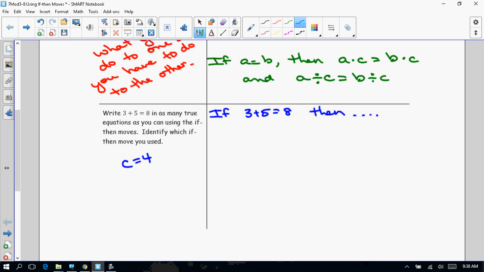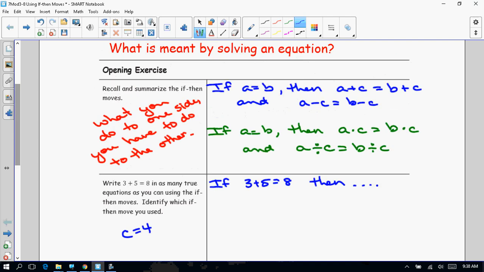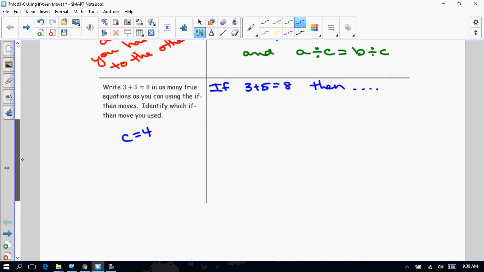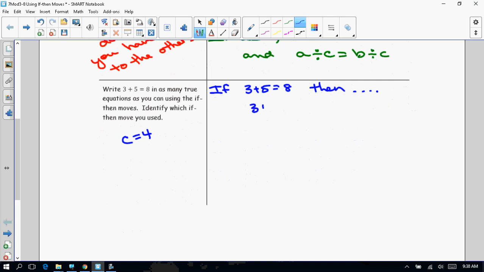Now let's do all 4 of these. There are 4 different things up there in that if-then statement. Then 3 plus 5 plus 4 equals 8 plus 4. If you have a highlighter, now would be a great time to highlight that you're adding that 4 to both sides.